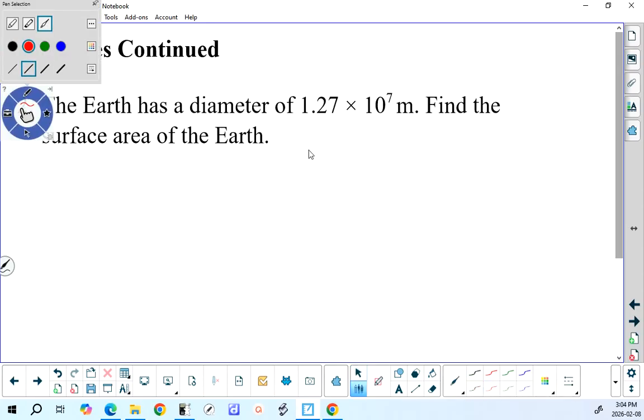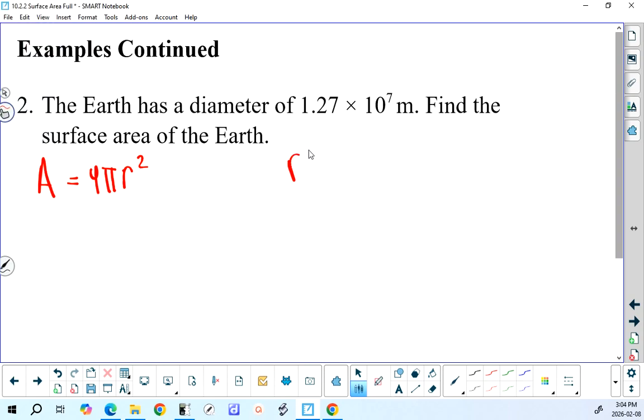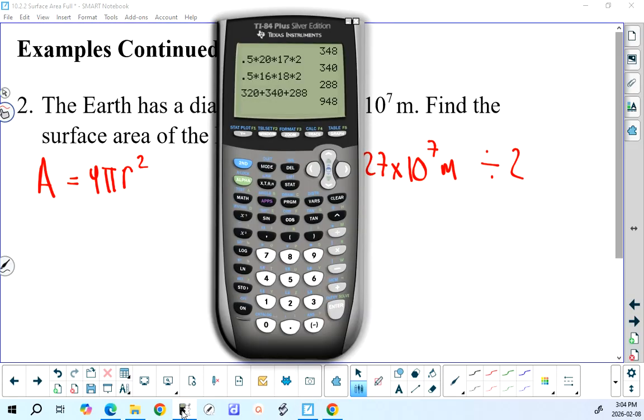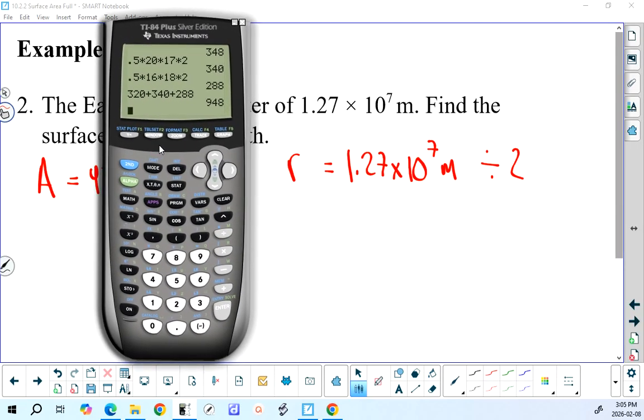which is what we need because it's A equals 4 pi r squared. The radius is that diameter divided by 2. Now, this is a little awkward for me because I'm not sitting there next to you and I can't see your calculator, but it's very important that when you enter, in high school math or science, a number that's in scientific notation, you do not enter the following.